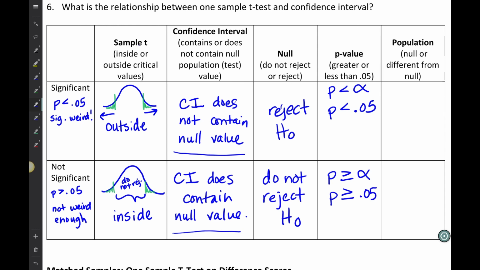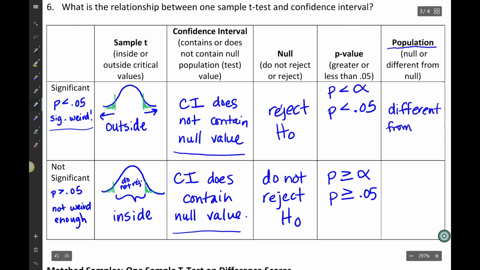And then finally, if it's significant, would we think that the population mean we're really looking for is the same as the null or different from the null? If we're rejecting the null because it's so weird, then we would expect it to be different.